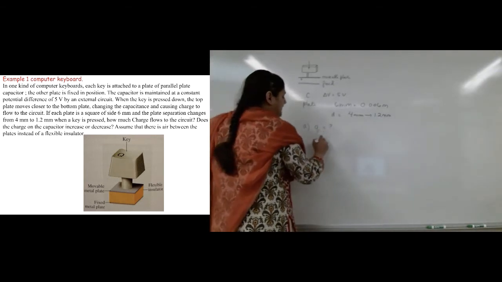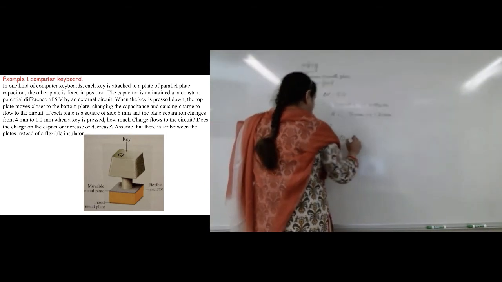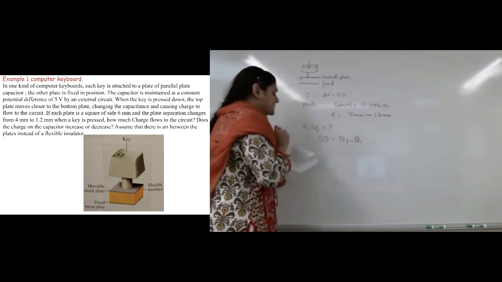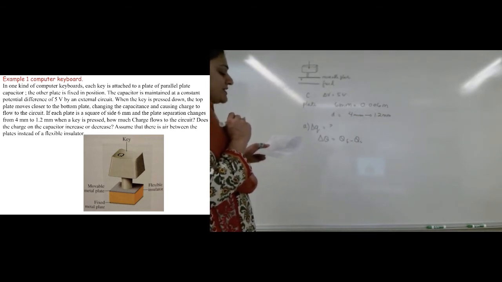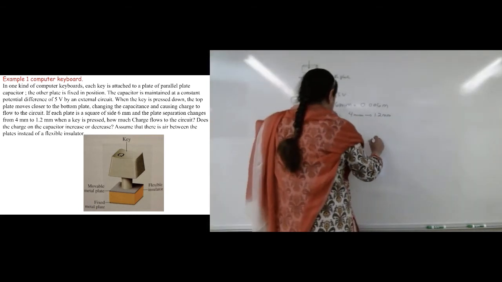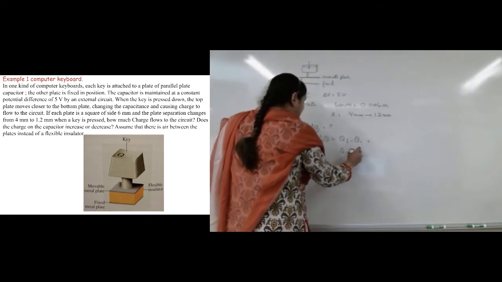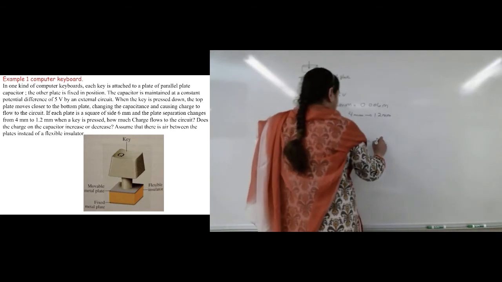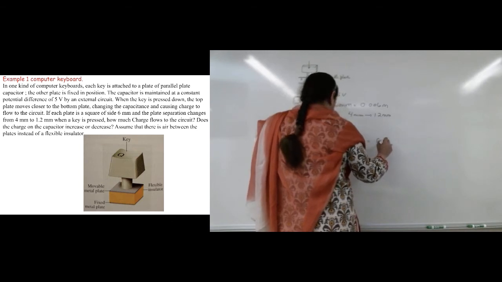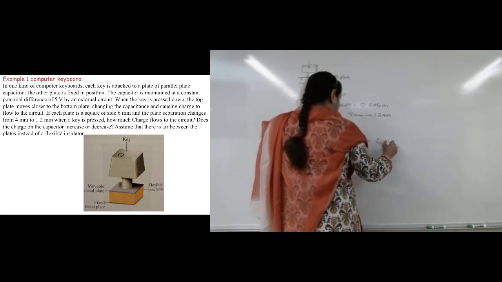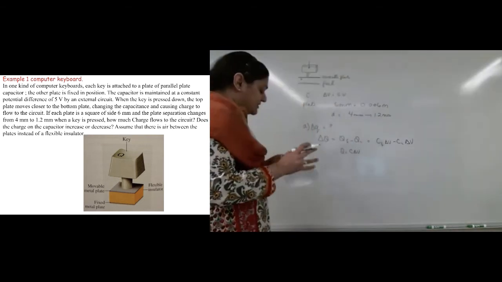So we know delta Q, which is what we need, is equal to QF minus QI. So the total charge that flows through the system is QF minus QI. I know Q is equal to C delta V, so this will be CF delta V minus CI delta V. Now what do I know about C?